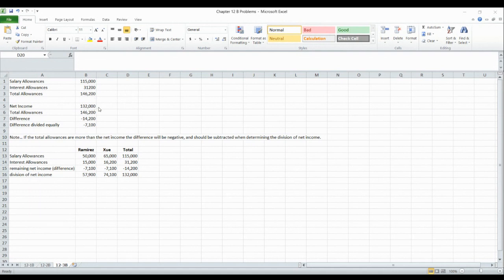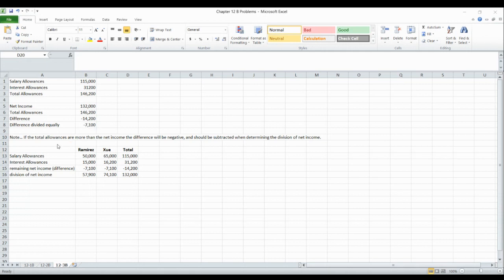You take your net income from your income statement, subtract out the total allowances, and this difference is the remaining net income that would be divided between the partners, in this case equally, because that's what it stated in the problem. So we took the $14,200, which was the difference between the net income and the total allowances, and we divided it by 2 to get the equal amount.